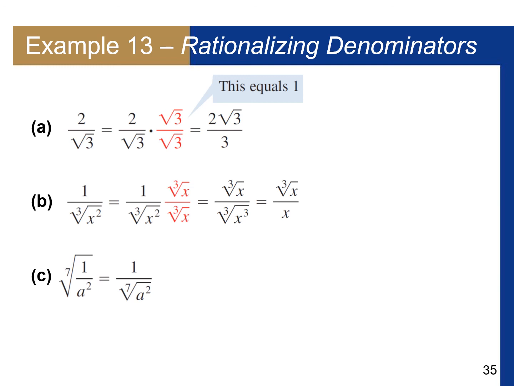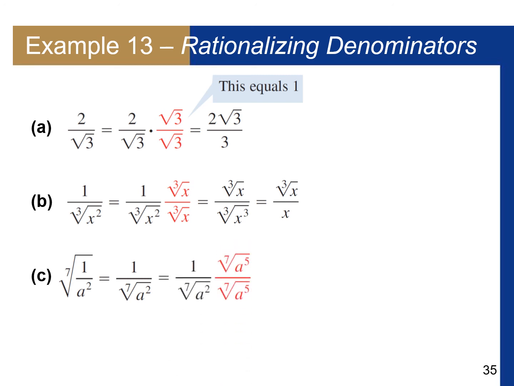Here I have a 7th root. Okay, so 1 to any power is 1, so I can simplify that right away. Now, think about it. How many more do you think we would need to get this 7th root of a squared out? Well, these have to add up to 7, so I need another a to the 5th.